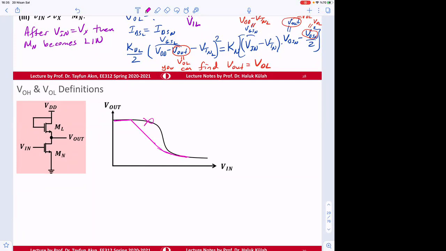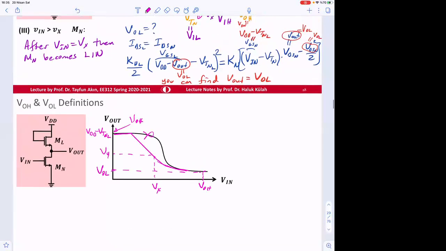So this will not be the case for this one. This is going to be Vx, this will be Vy, and then this point is going to be VDD minus Vtn of L, which will be V output high, and that V output high corresponding output is going to be output low.